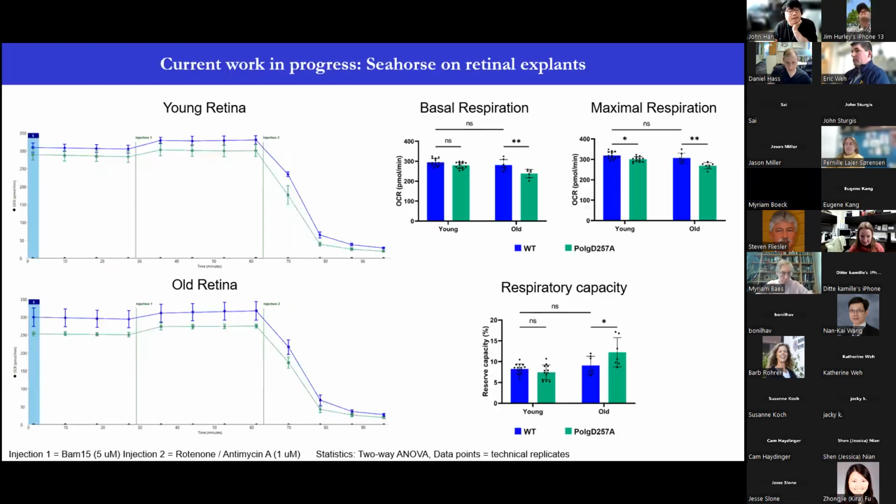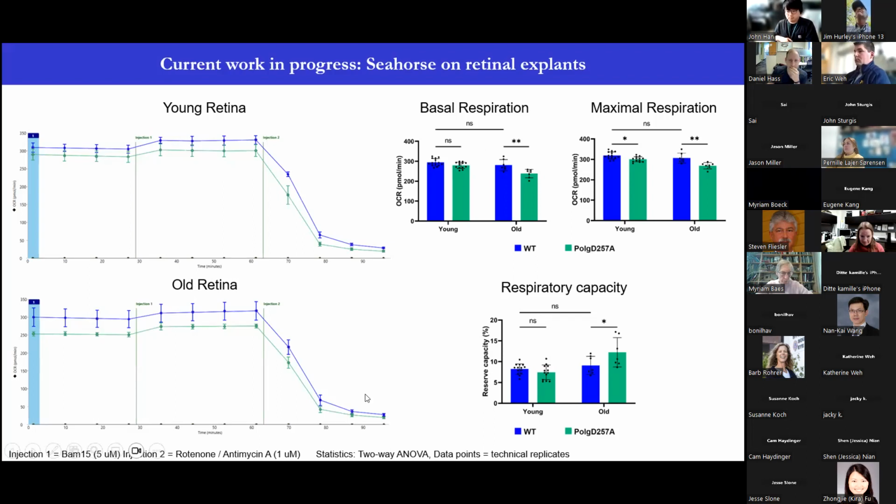Yeah, this is actually non-normalized because we don't really have enough. These are technical replicates, just the number of punches. I think we've only done 2 mice for each time point. That's why it's in the current work section. These are five punches per mouse, so that's why you get around 10 dots.